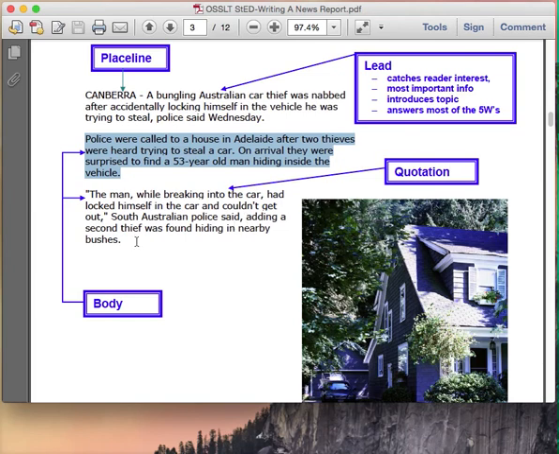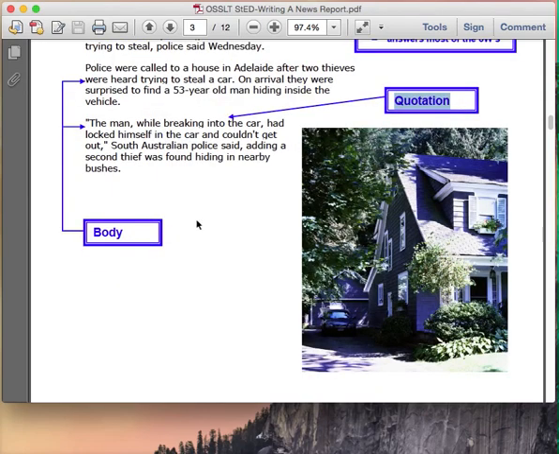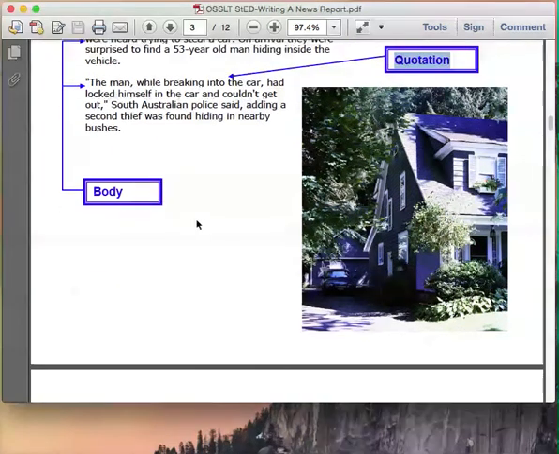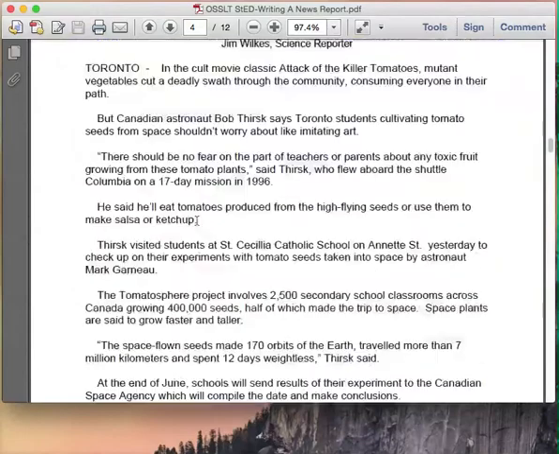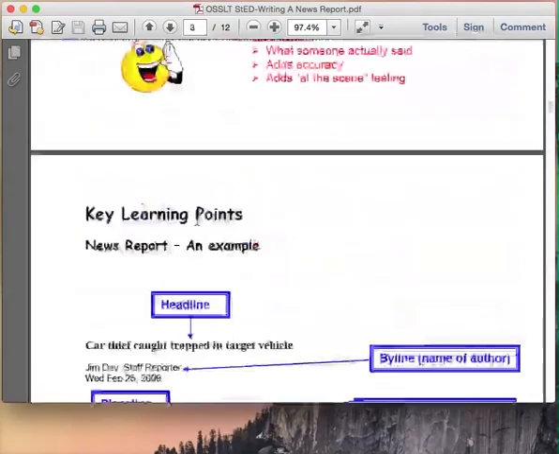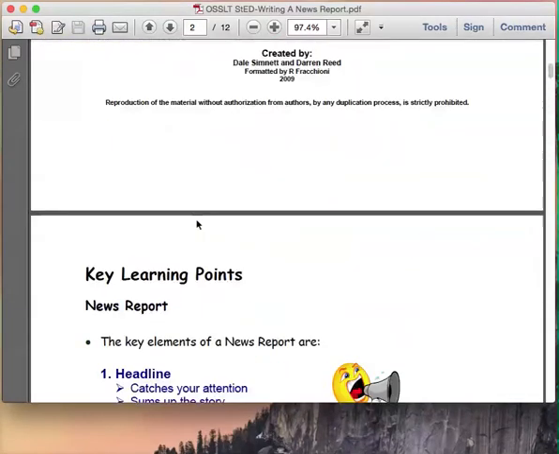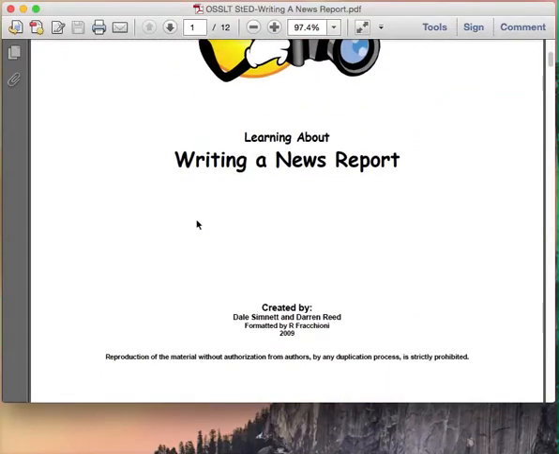And in this example, one other thing that should be noted is providing a quotation of somebody at the scene, which also helps create a realistic news article. Okay, in this case, you could ask Mr. Corrigal or perhaps Mr. Simnett if you would like to see more of this resource. Otherwise, that's about it regarding the news article.